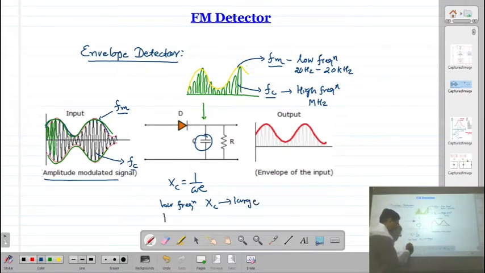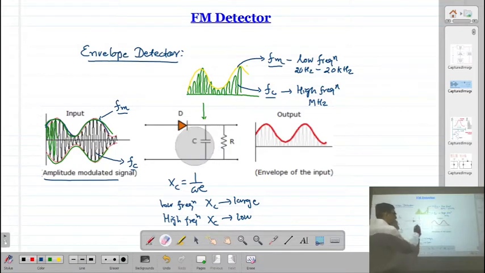And for a high frequency, Xc is going to be low. So here, if we have the carrier frequency fc, the capacitor will offer a very low reactance, so it will be grounded.